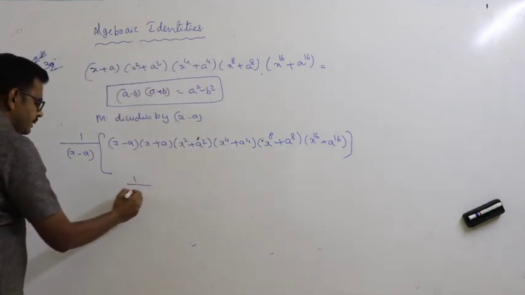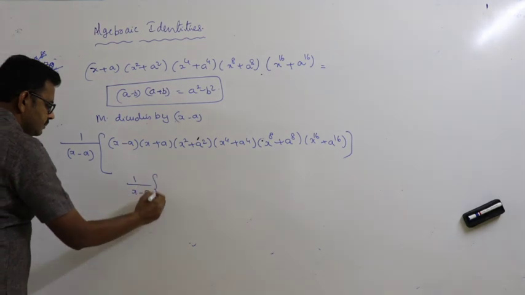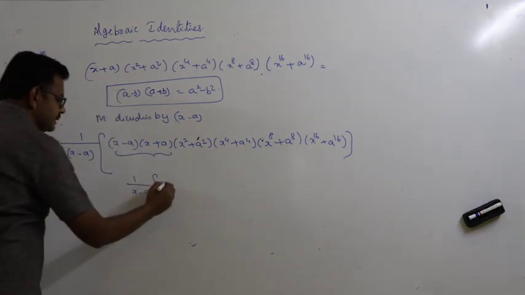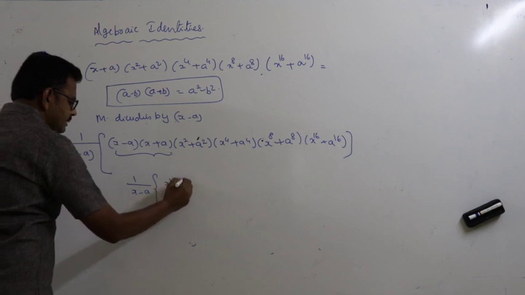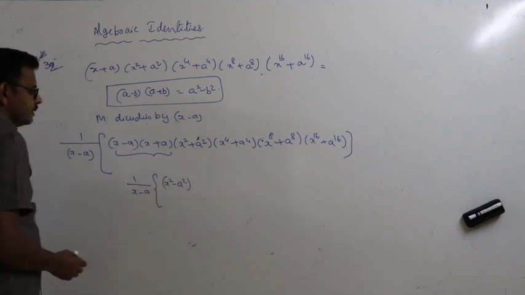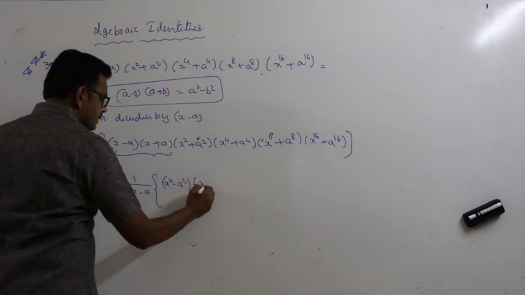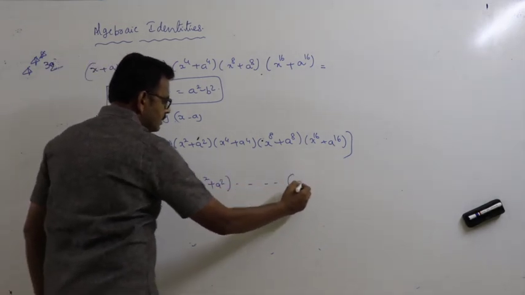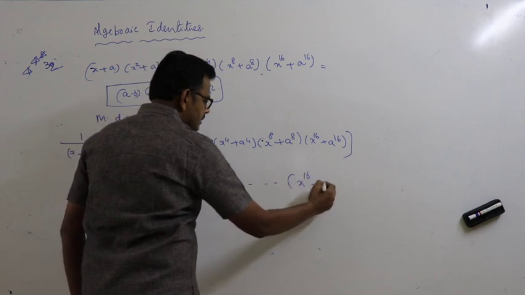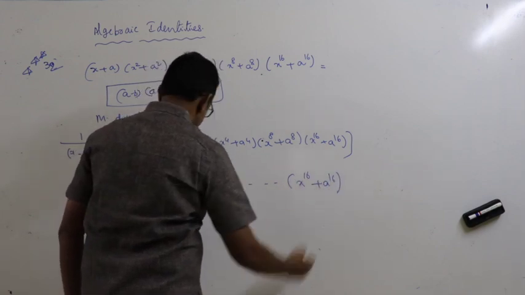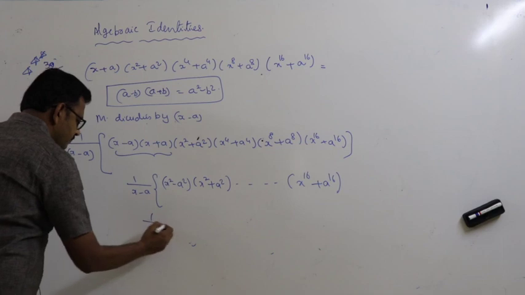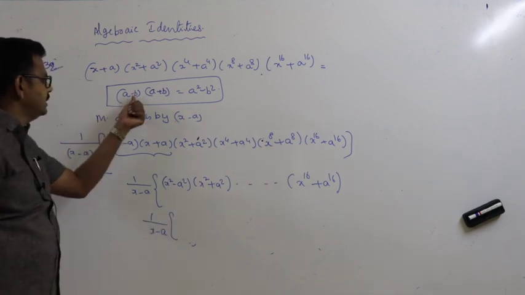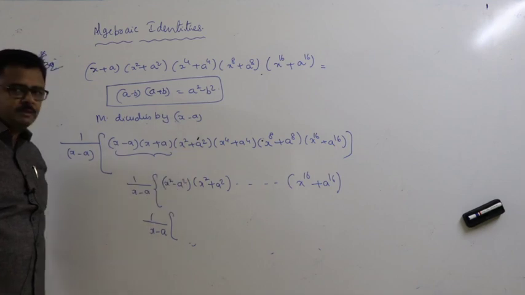So this 1 by x minus a into, this is x square minus a square into this same x square plus a square into, and so on, x power 16 plus a power 16. 1 by x minus a into, again applying the same formula repeated number of times.